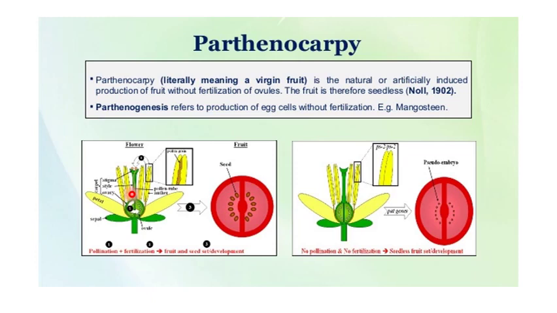Parthenogenesis is a process which refers to the production of egg cells without fertilization, for example, mangosteen.